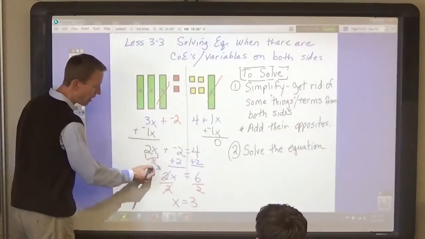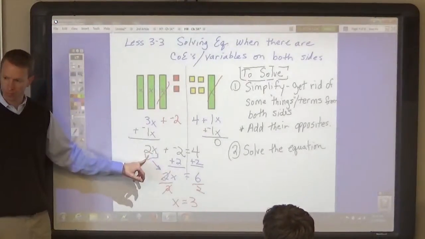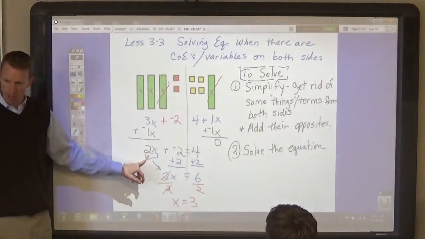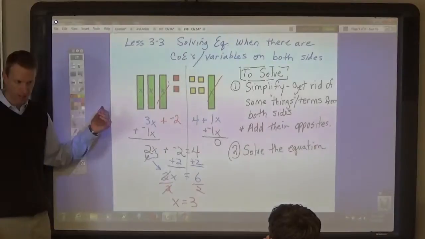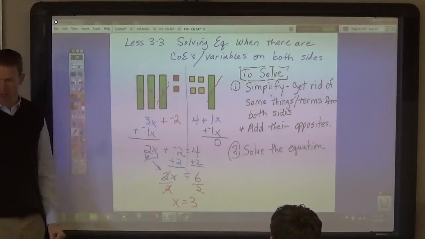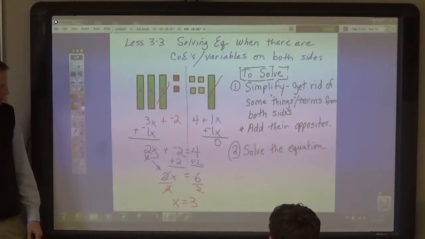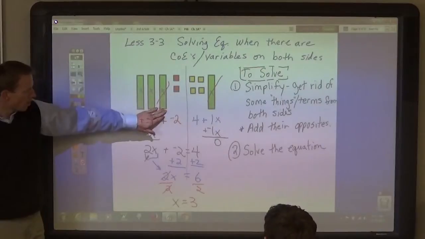And then you only have positive 2x left. Right? Positive 2x. What else do we still have on the left side? On the left side of this equation, what's left? We just took one of these away.